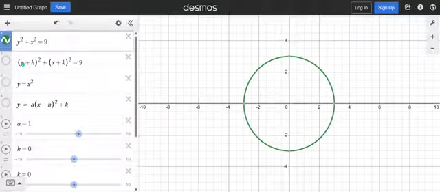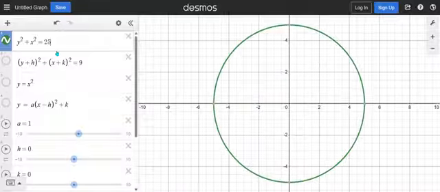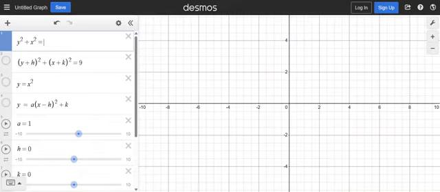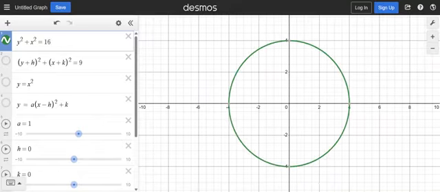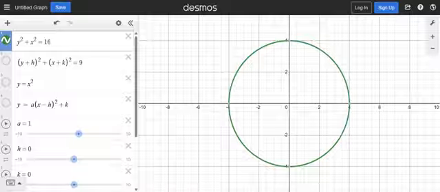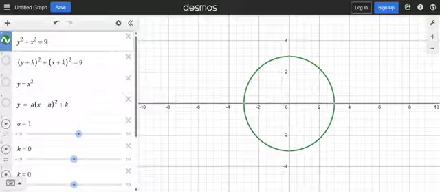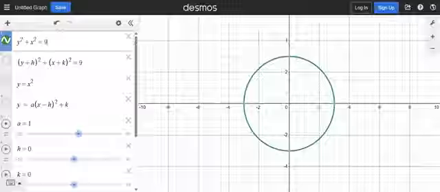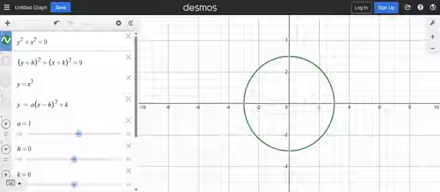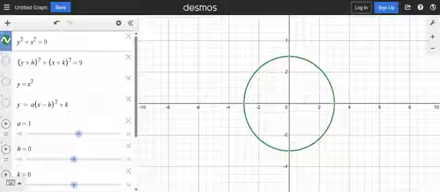Now, here's the thing. Do you know what the 9 or the 25 or the 16 do to the circle? So watch this. This is 16. This is 4. This is 9. Fallon. Yeah. So if this is 9, although no, it's not perfectly the diameter.